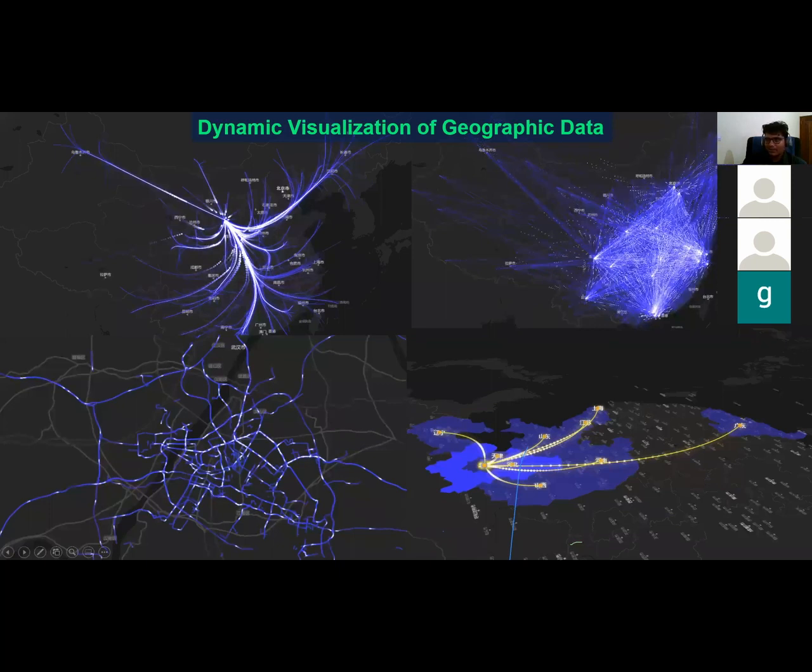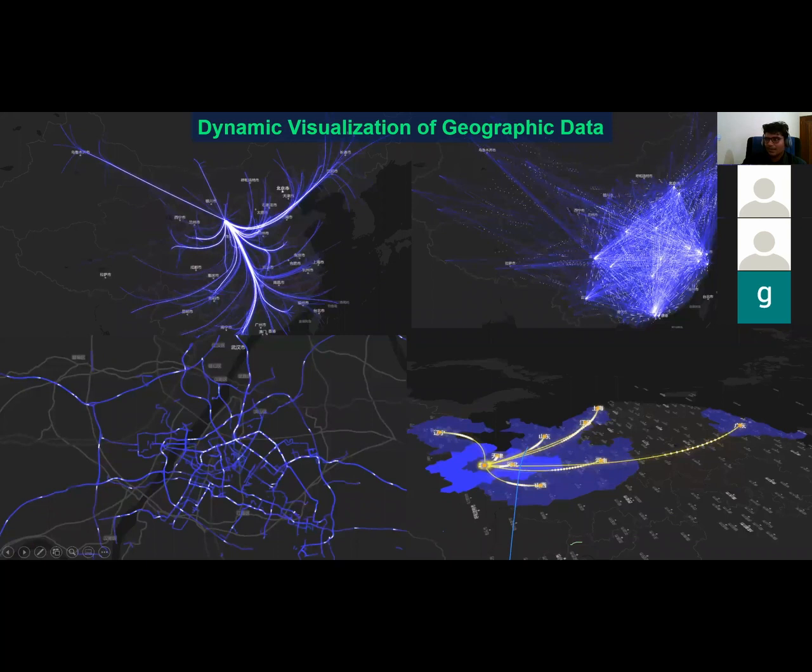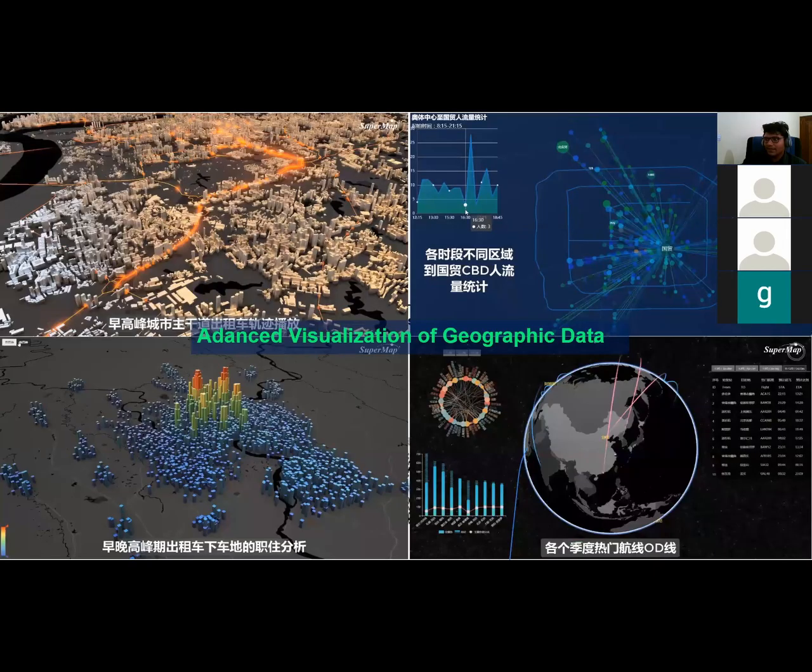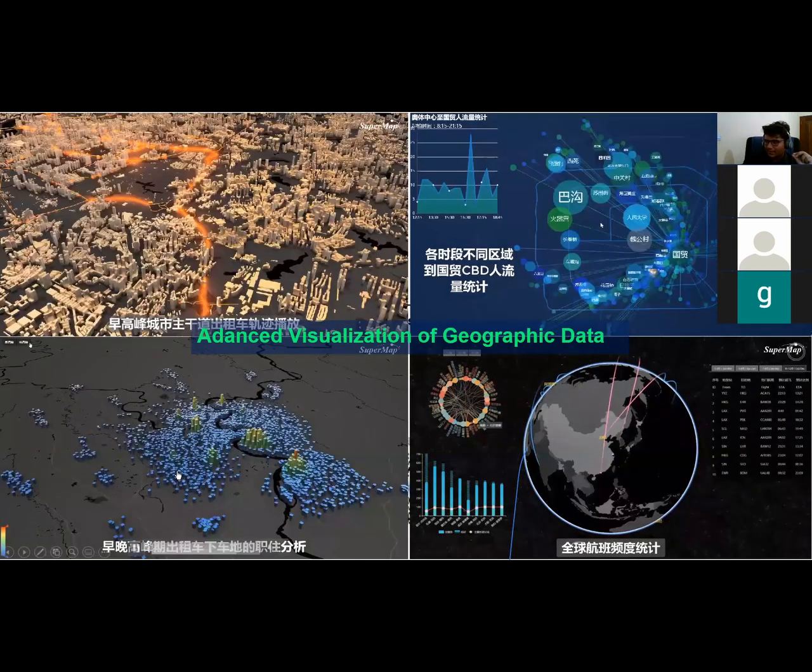Now the next one I'm going to show you will give you a very good idea about the capacity of GIS at the moment. This advanced visualization of GIS technologies or geographical information will give you a very good idea about what to do next.